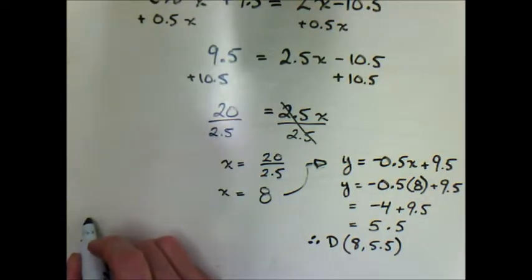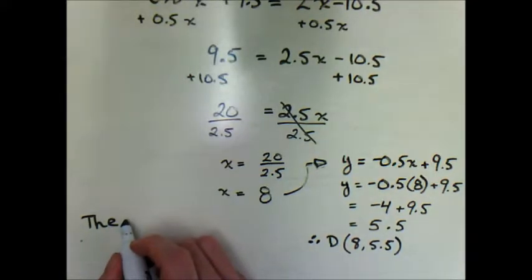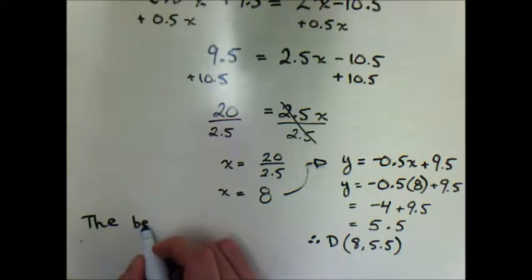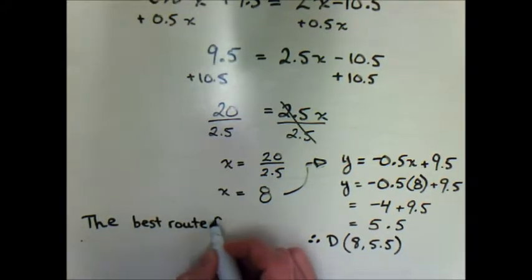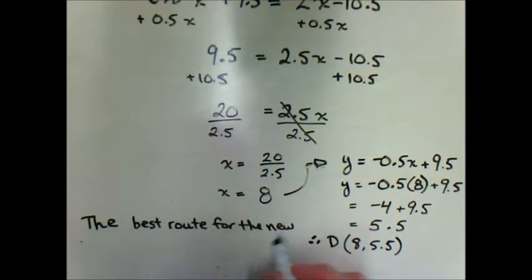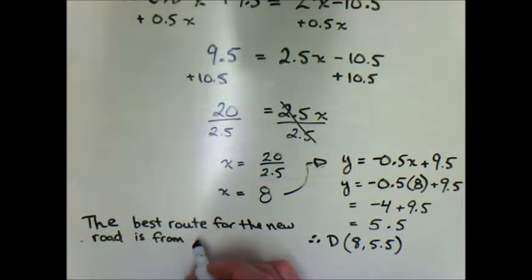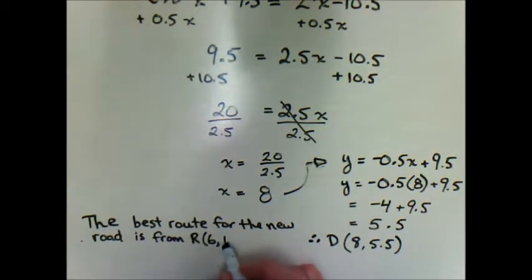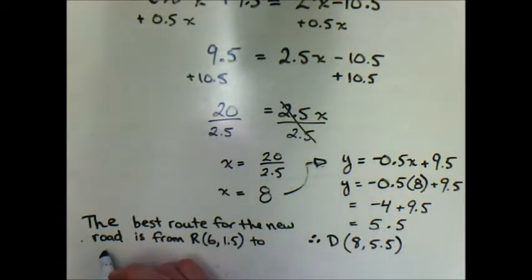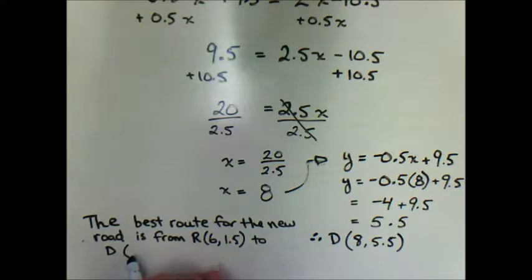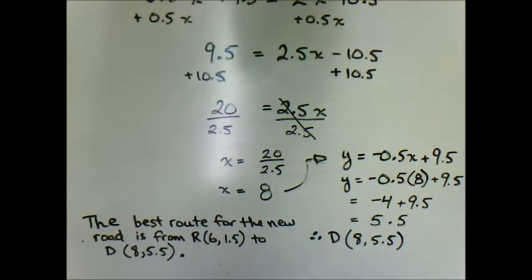So we would say, again, it would be a therefore statement, but we could say the shortest route, or the best route for the new road is from the cabin, which was R, (6, 1.5), to D. D is the point that we just found, (8, 5.5). The end. That's A.